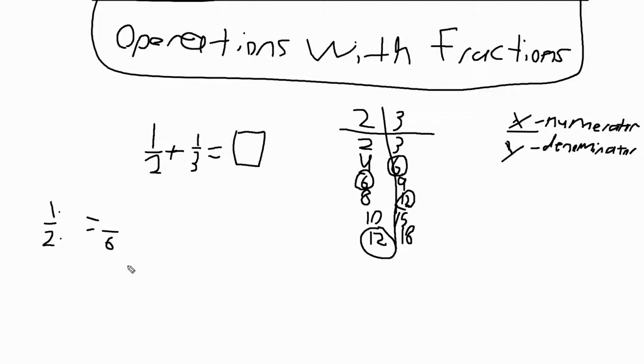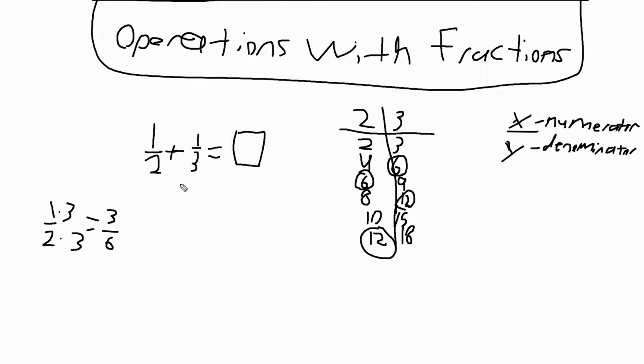So 2 times 3 equals 6, and we do the same thing above for the numerator: 1 times 3 is equal to 3. Now 3/6 is equal to 1/2, which is why this works.